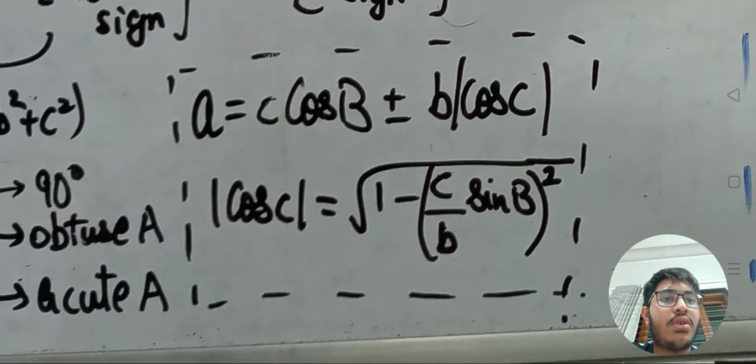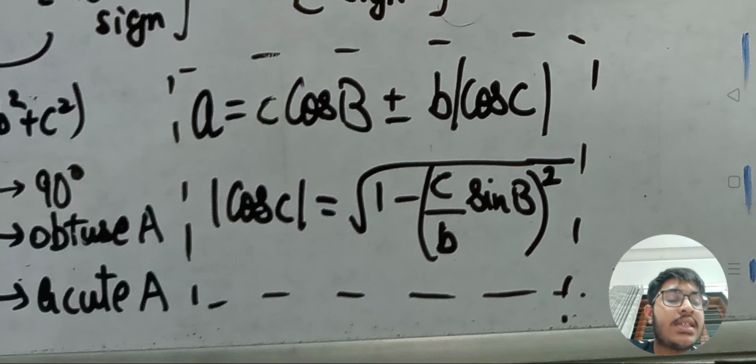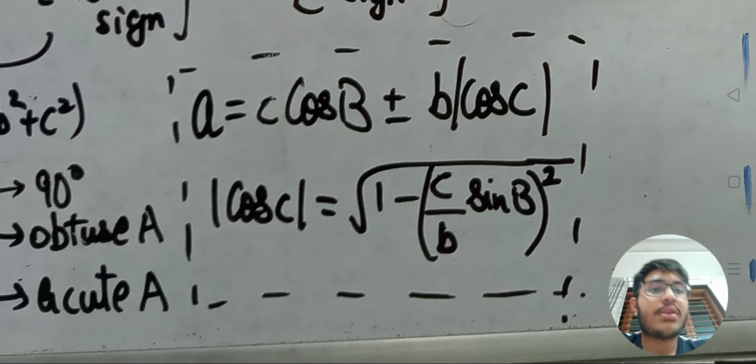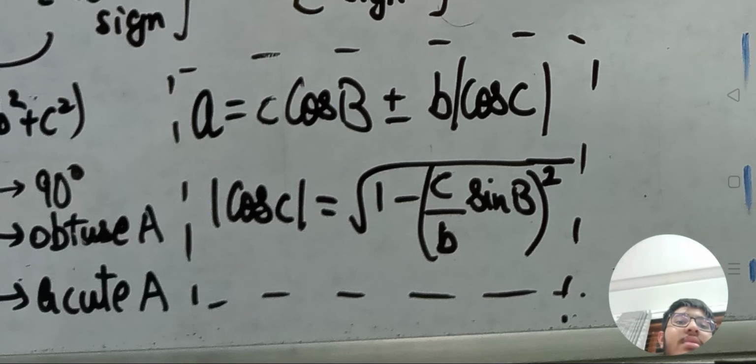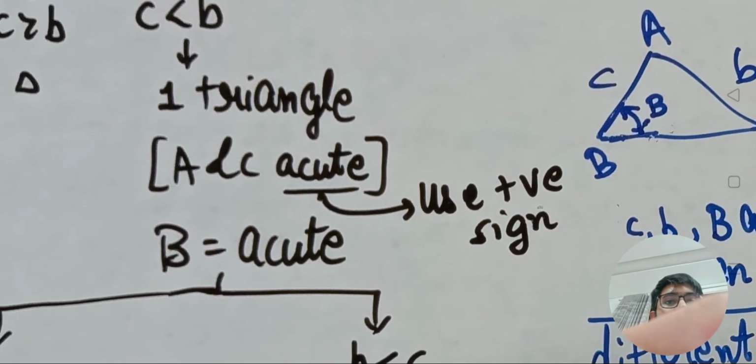Note that to remember easily, whenever C is an acute angle, we will use the plus sign, and whenever C is an obtuse angle, we will use the minus sign, so that you can remember easily. So A and C are both acute.